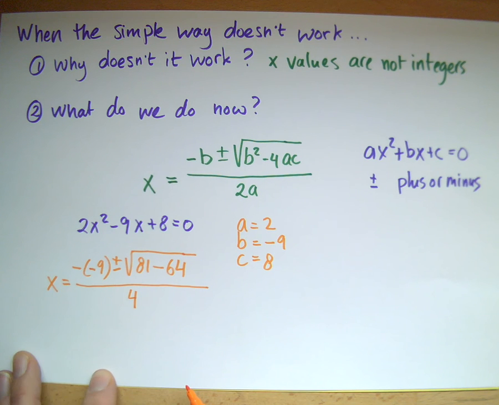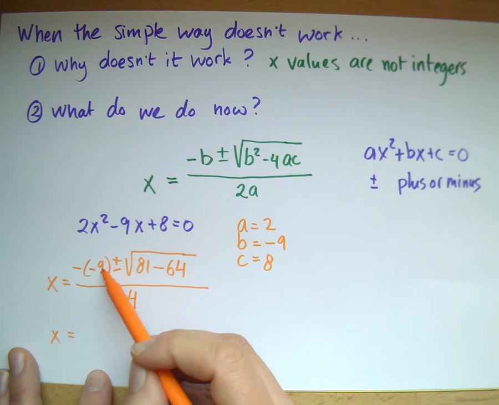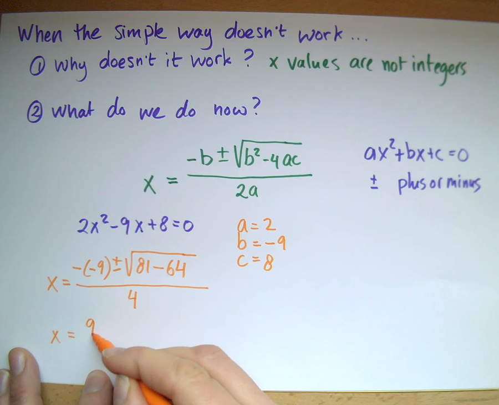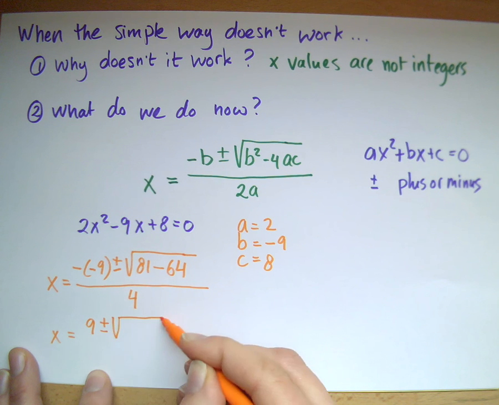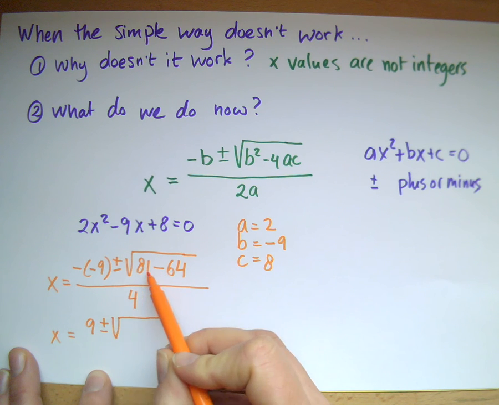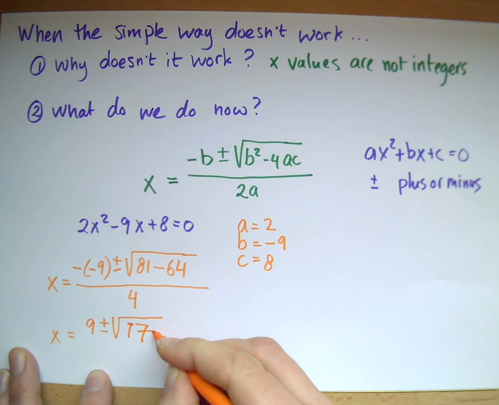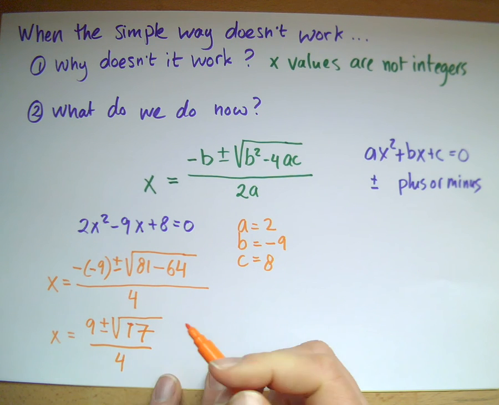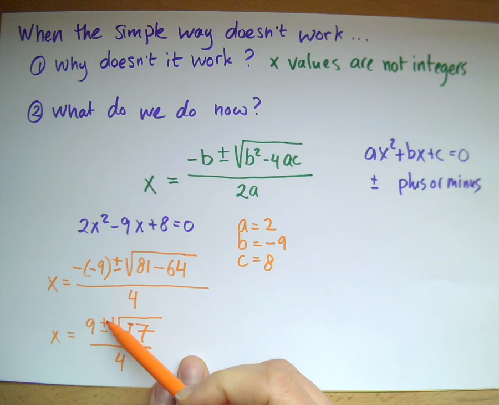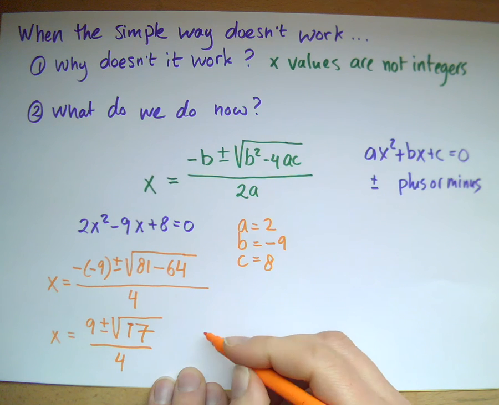All right? So x equals negative 9, that's just 9, plus or minus the square root of 81 minus 64 is 17, and we divide that by 4. So now we go into making a distinction between the two possible answers.